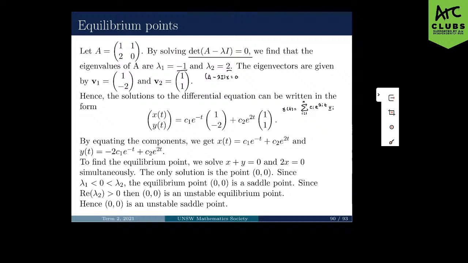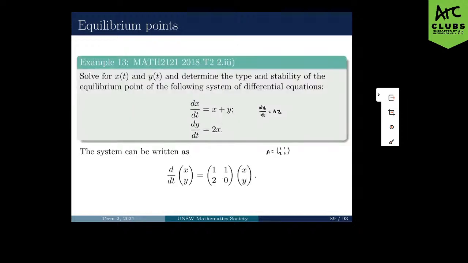So we've answered the first half of the question, and we should always remember to check to make sure we've answered the full question. And the second part of the question asks us to find the equilibrium point, determine the type and stability of the equilibrium point.